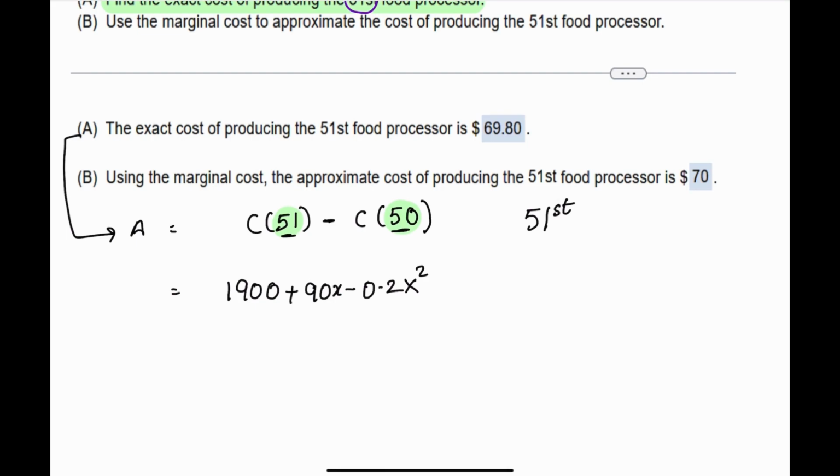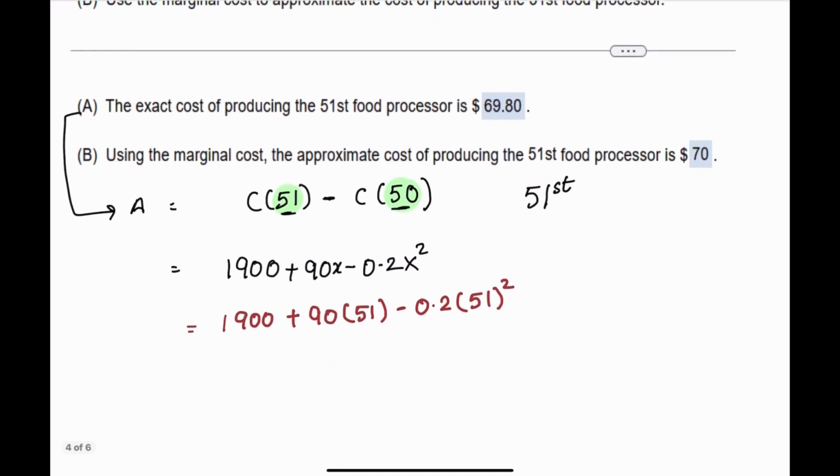So let's go. I'm going to use two different colors here. So this is 1900 plus 90 times 51 minus 0.2 times 51 squared. Let me cross-check if it is 0.2 or 0.02. Yeah, that's good.